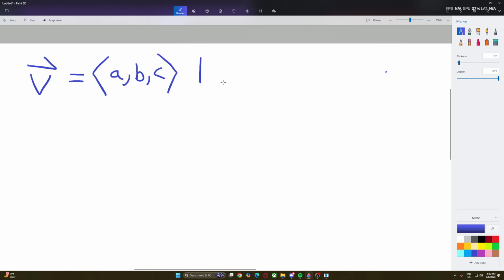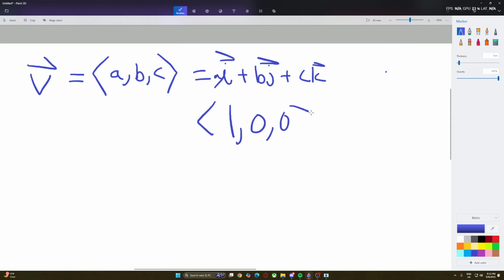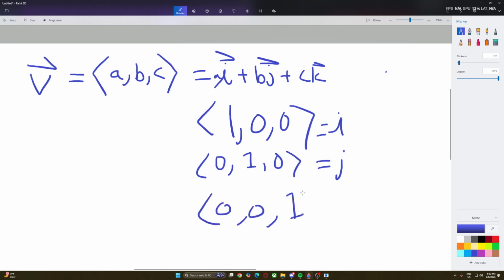Alternatively, you can rewrite it in this format: a times i plus b times j plus c times k, where there are vectors on top of those, and those correspond to unit vectors. So this is i, this is j, and this is k.